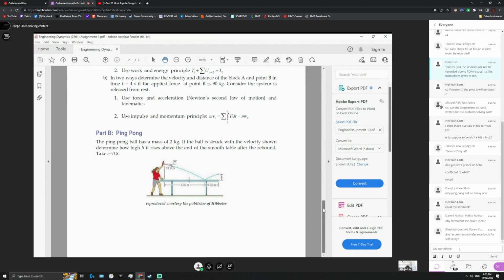Any recommended reference book for self-study? How should I put this? Every course will have some sort of recommended textbook. But personally, my answer is there should be no recommended reference book, because the concept is the same as any engineering dynamics book that you are going to find.